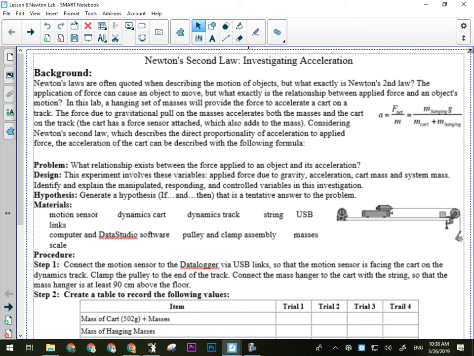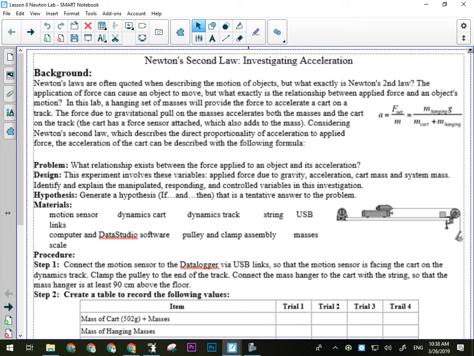Okay, so the idea here is that I want to change how much mass is hanging over the pulley because I'm using gravity to apply the force. But if I put more mass here, that changes the mass of the system. Unless I take it from where? The cart. Okay, so I'm going to have to make sure that my system always has the same mass.